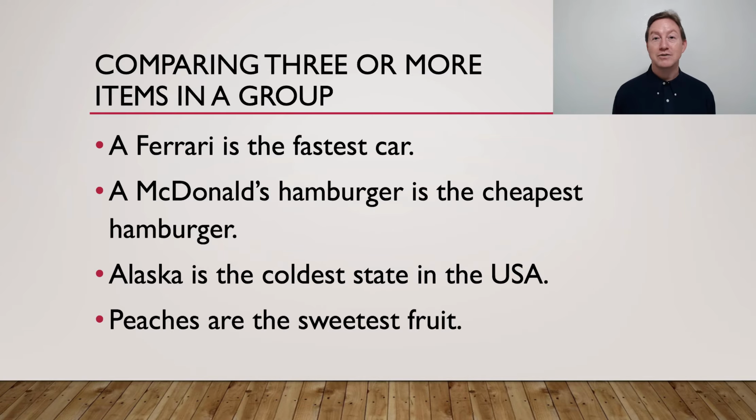We're comparing to a group of states, all 50 states in the USA. Peaches are the sweetest fruit. In this case, we're not comparing to lemons, we're comparing to many different fruits in the group of fruit. So, peaches are the sweetest fruit. That's my opinion. Maybe you have a different opinion, but superlatives work this way. The plus EST.